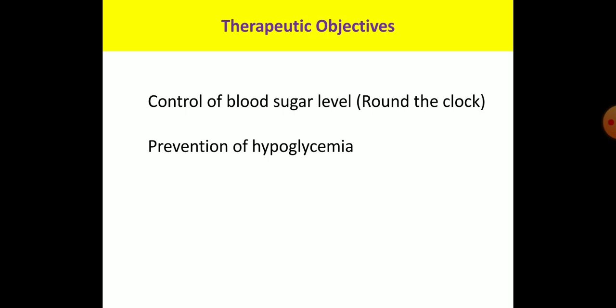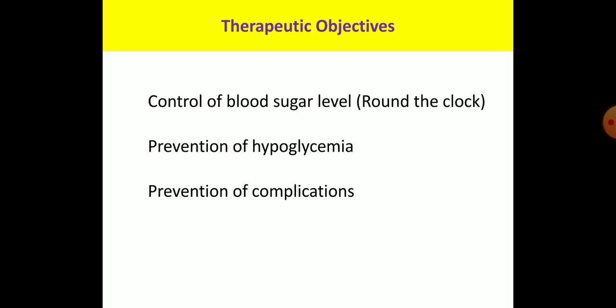Then second is prevention of hypoglycemia, and third, as it will remain a lifelong disease, you have to educate the patient about this disease, about the role of insulin, and what can be the possible consequences if he or she omits the dose of insulin or accidentally increases the dose of insulin.